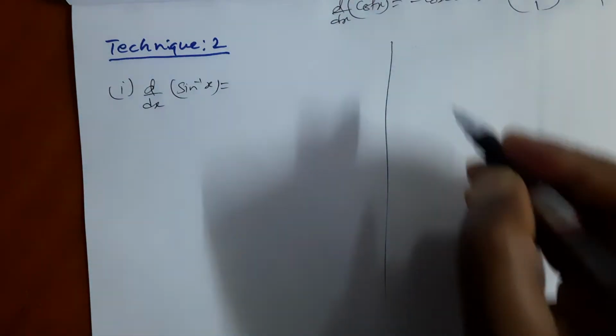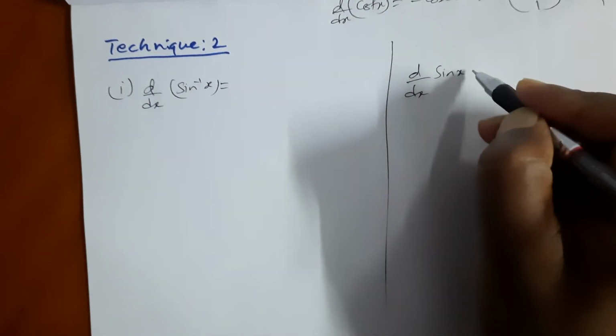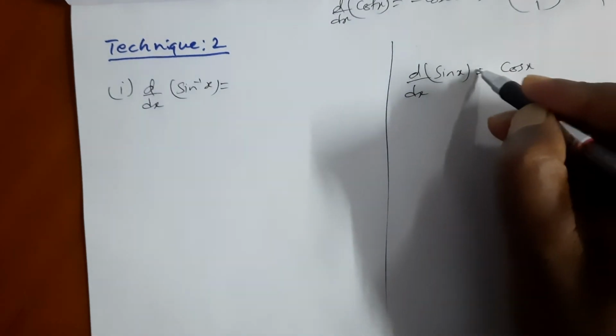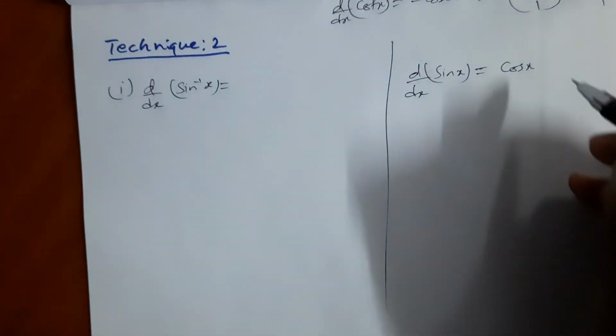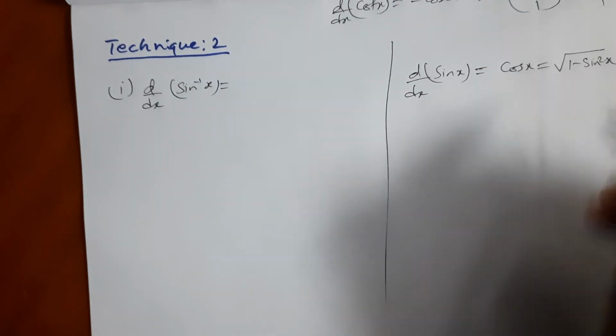We know d over dx of sine x is cos x, and cos x is root over 1 minus sine square x.